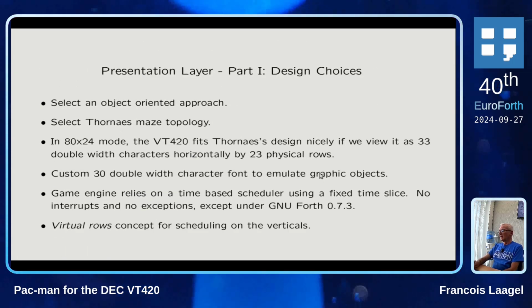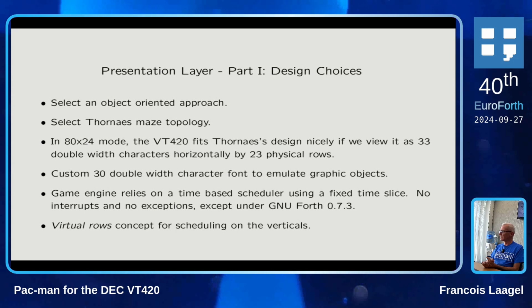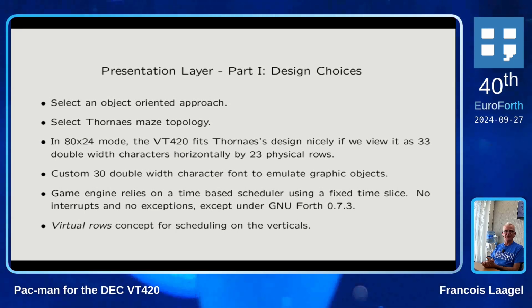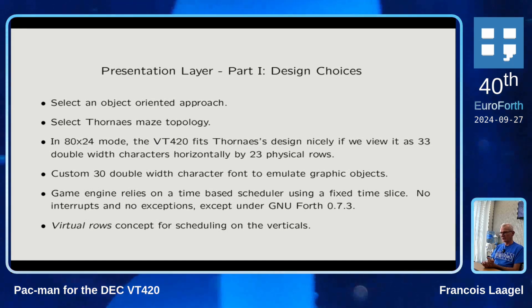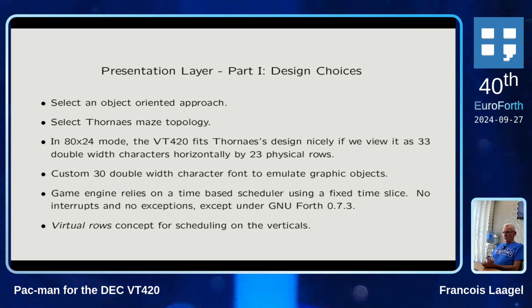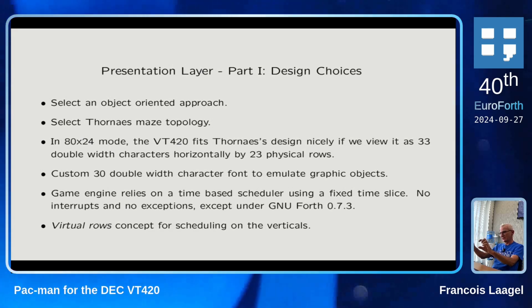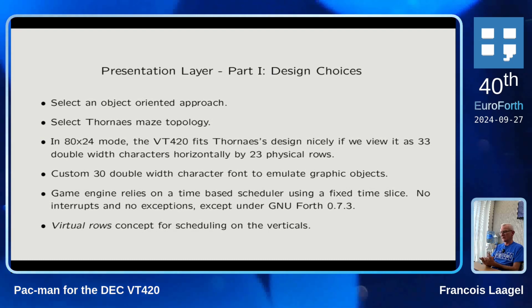Okay. Presentation layer. So I went object-oriented using GNU Forth structures, and this is standardized by the committee in Forth 2012. I used a toroidal topology, because I wanted to avoid the hyperspace on the sides of the maze.